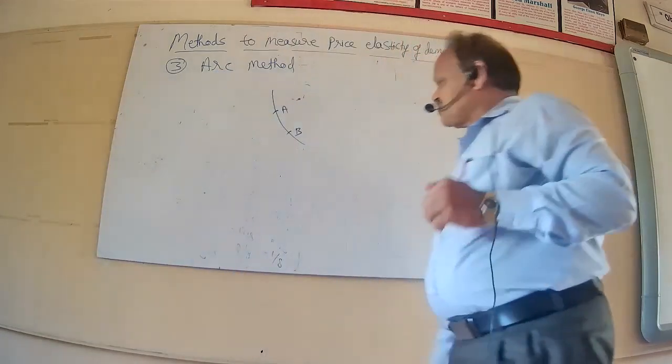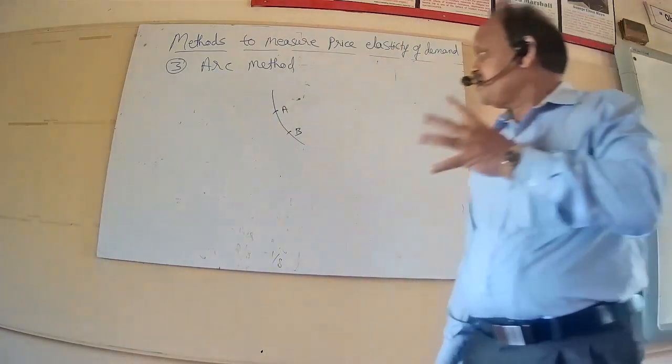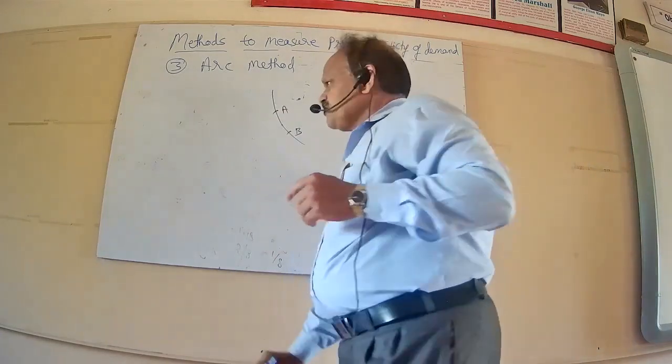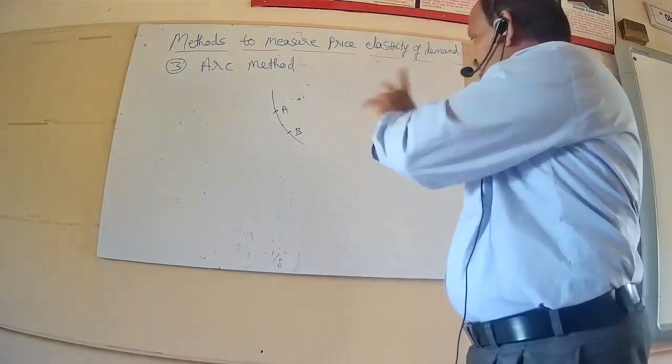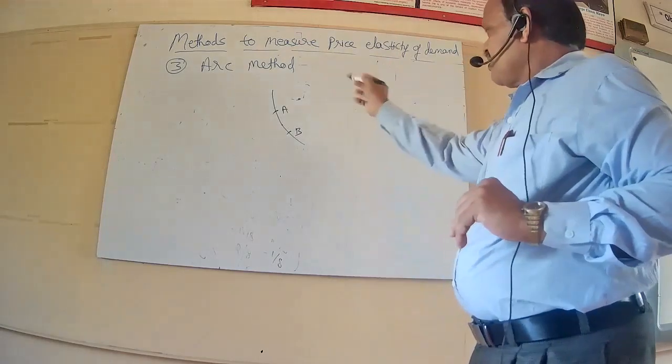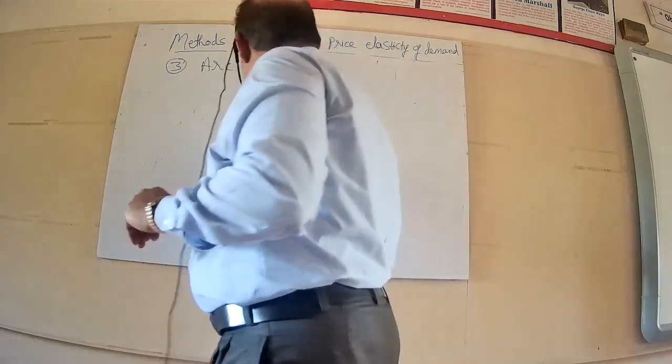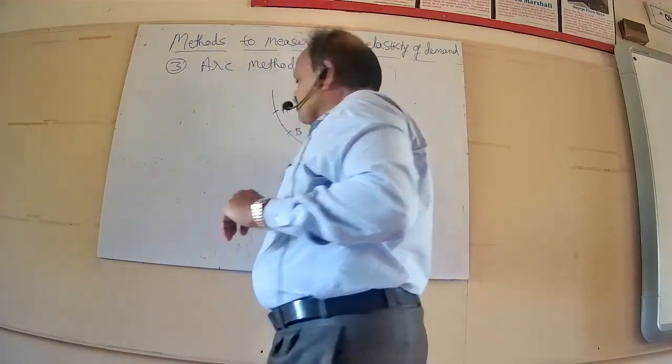Arc elasticity measures the price elasticity of demand exactly at the midpoint of an arc. Arc is a portion of a curved line, but arc elasticity measures the price elasticity of demand exactly at the midpoint of an arc.